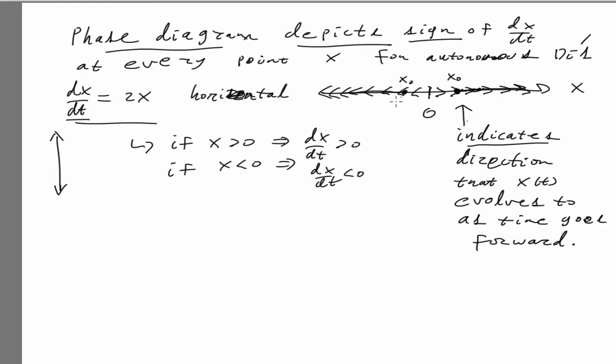That's how we understand the system: how the autonomous differential equation will evolve, or dynamically change, given an initial condition.